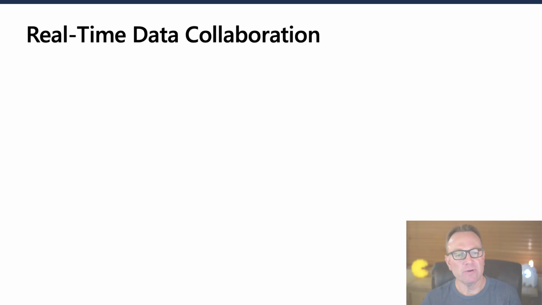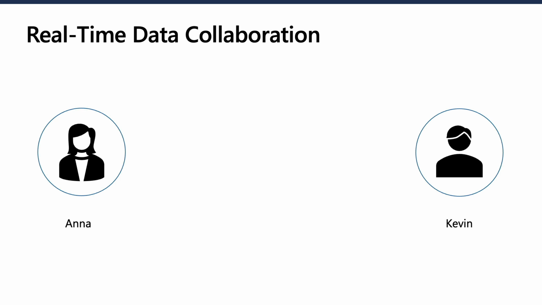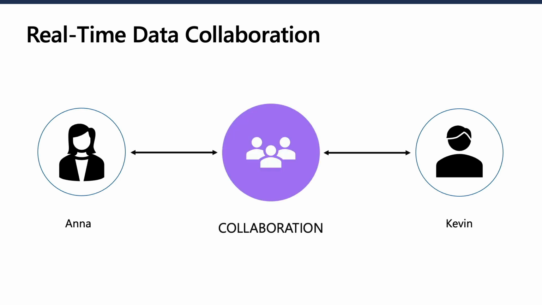As a quick review, in the previous video, we talked about how when it comes to collaboration, we might have Anna and Kevin. They want to collaborate on a document, an application, whatever it may be. The difference between using the Fluid framework and something with just real-time data with WebSockets is really sending messages versus true collaboration.